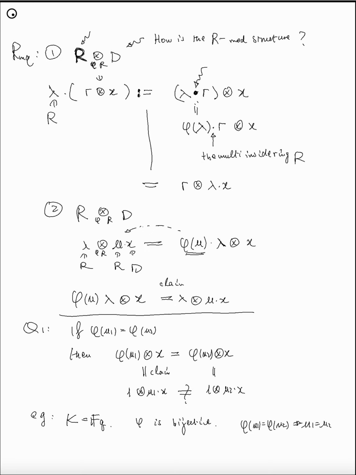But in general, I think this is just telling us that you're not really allowed to move from the left-hand side to the right-hand side unless you know Frobenius is injective.